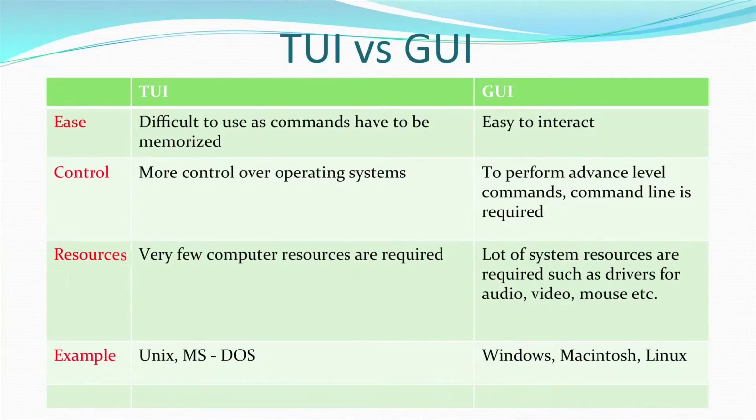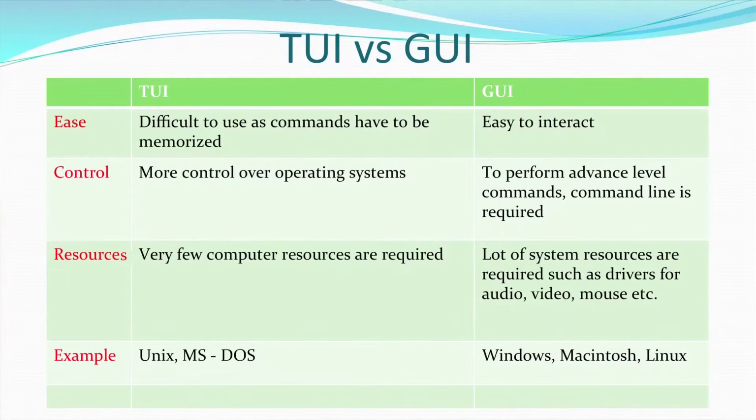A text user interface has more control over the operating system as compared to the graphic user interface. In fact, in case of graphic user interface, for performing certain advanced functions, you still need the command line. You still have to go to the DOS prompt to type a few commands. For example, for pinging, you have to go to the command prompt and give that particular command. So, the more control on the operating system is by the text user interface.